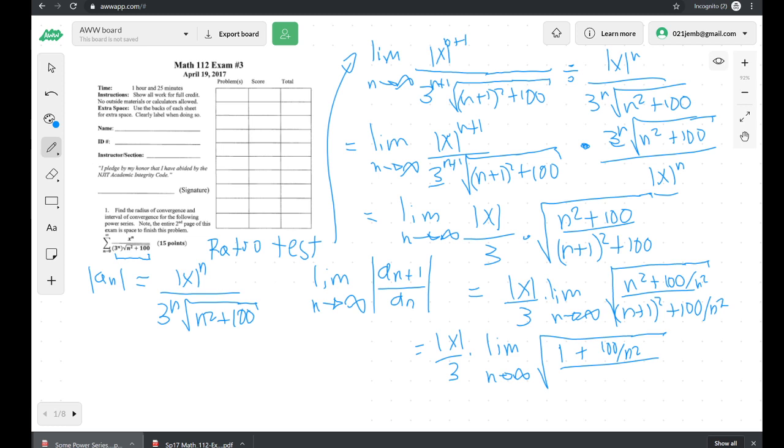We can bring that n inside the square, so we have n plus 1 divided by n, all of this squared, plus 100 over n squared.